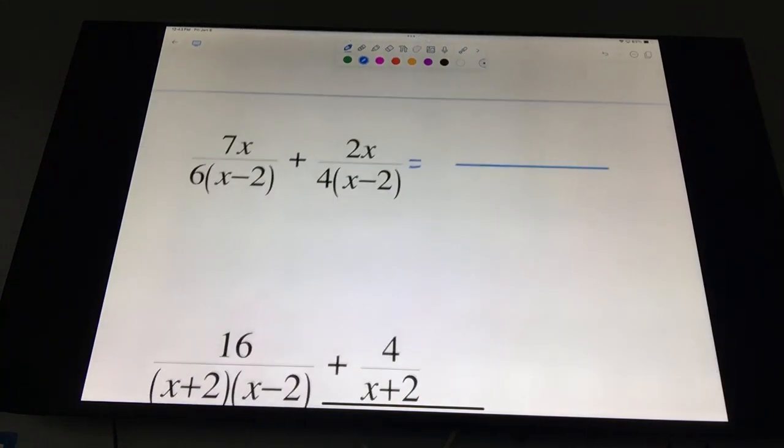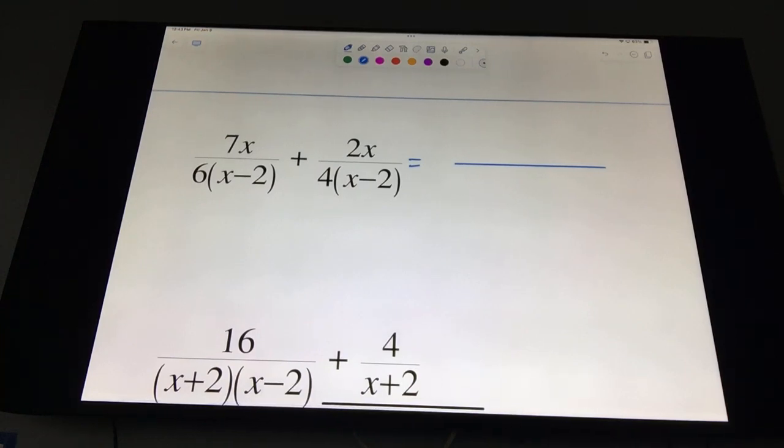All right, common denominator. I need 6. I need x minus 2. I need 4. I need x minus 2, which I already wrote, so don't write it twice.